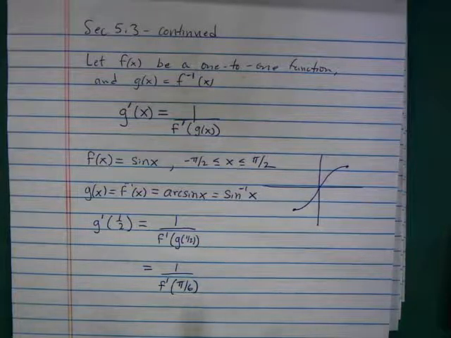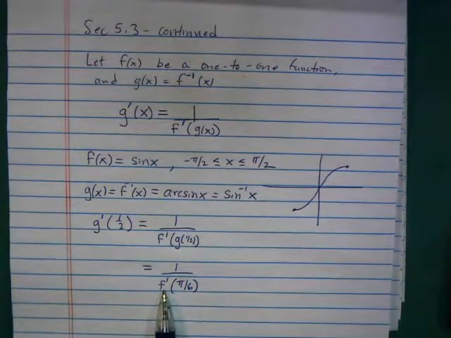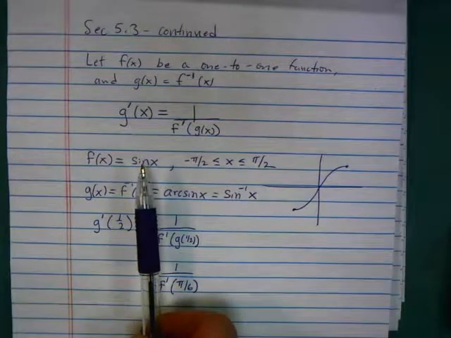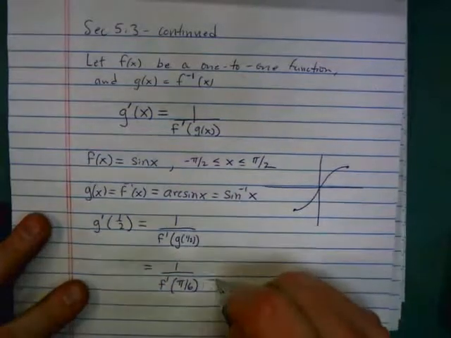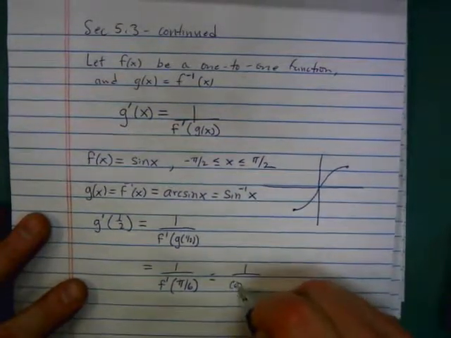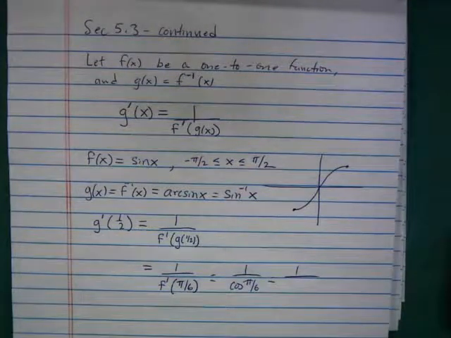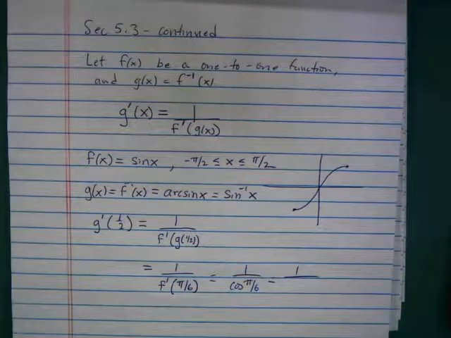All right, so now we need 1 over the derivative of the original function. But the original function is sine. What's the derivative of sine? Cosine. So this is 1 over cosine of pi over 6. What's the cosine of pi over 6? A half?